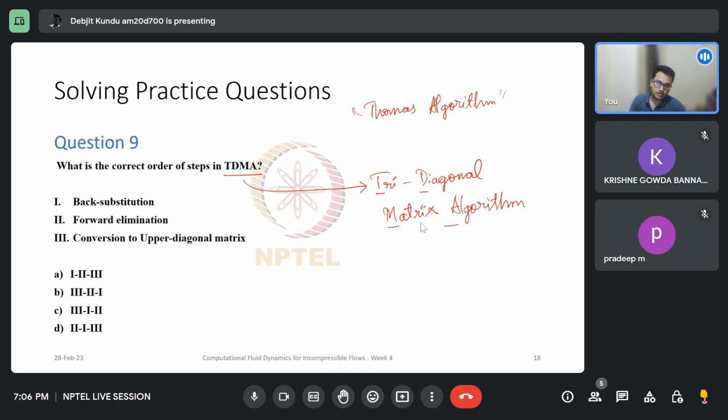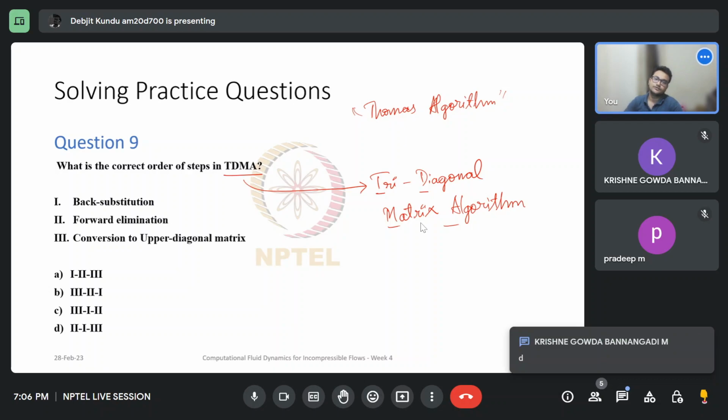What is the correct order of steps in TDMA or tri-diagonal matrix algorithm or Thomas algorithm? Okay, we have one answer in favor of option B, 2 1 3.